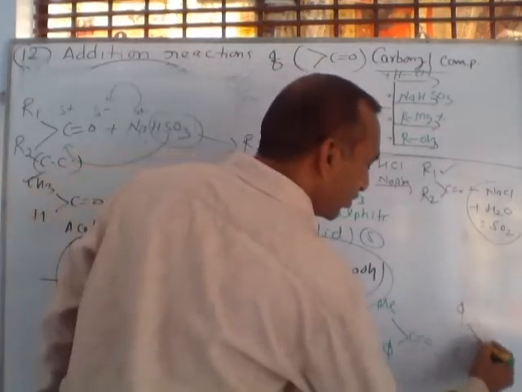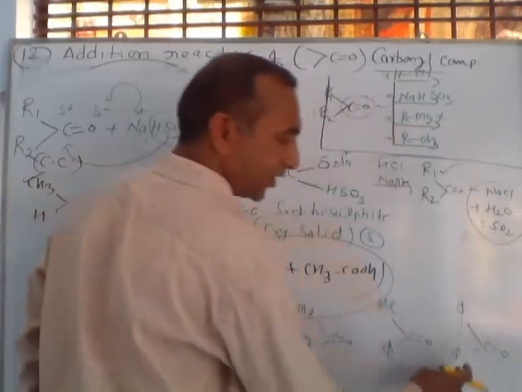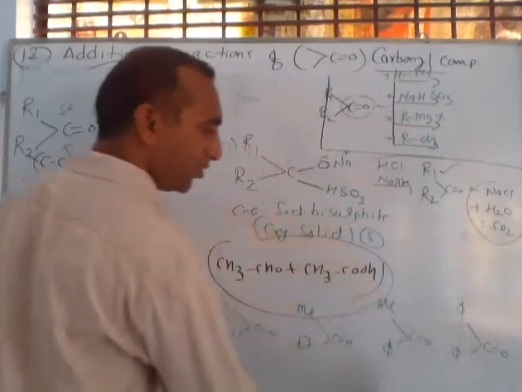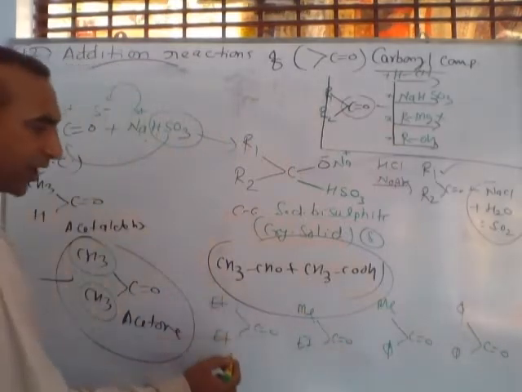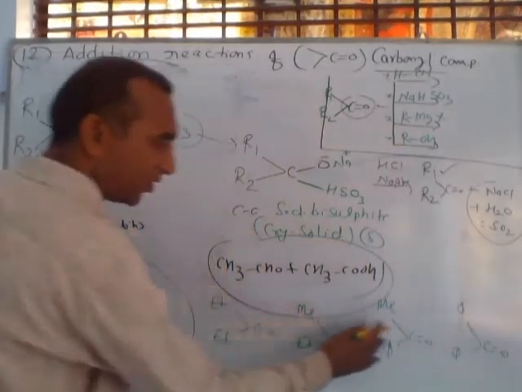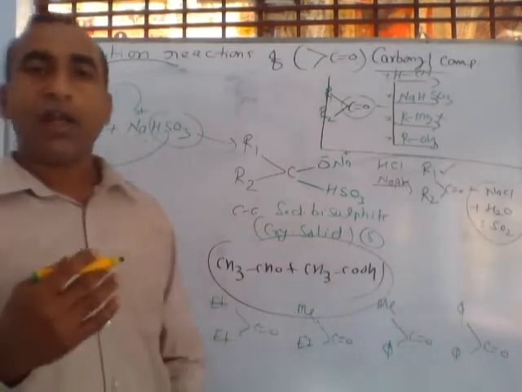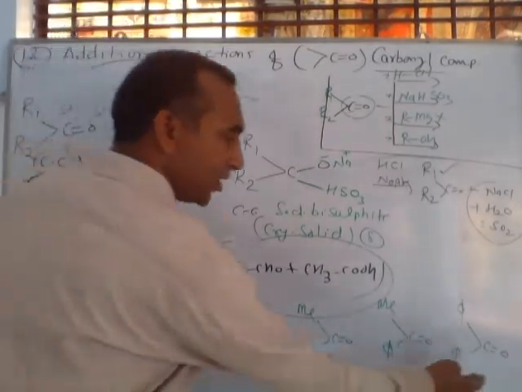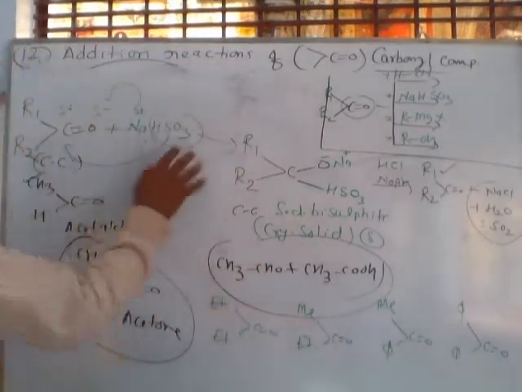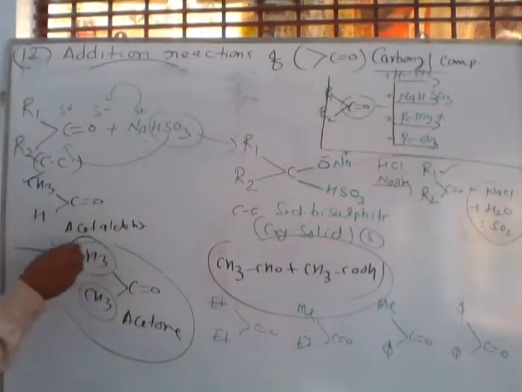If there is a benzene ring on both sides, this is called benzophenone. So benzophenone, acetophenone, methyl ethyl ketone, diethyl ketone: all these compounds have bulky and larger groups, and this reaction is not given by these compounds. This reaction is given only by acetone.